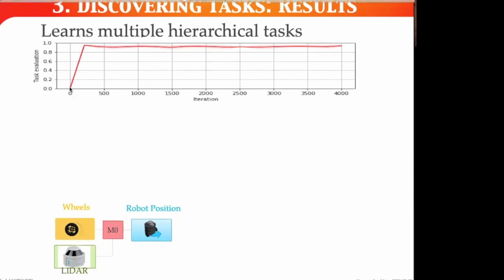And we can see that for the task of controlling its own position, it learns it quite quickly. By 300 iterations, so time steps, it has learned to control its own position.